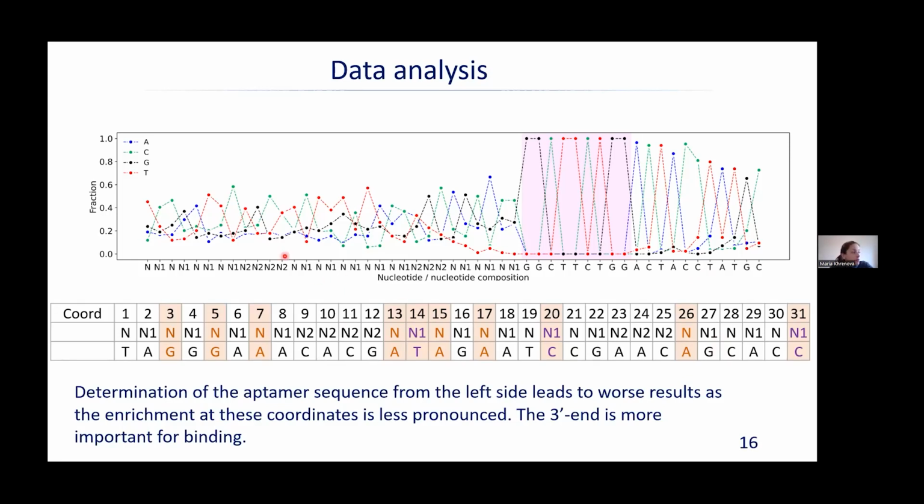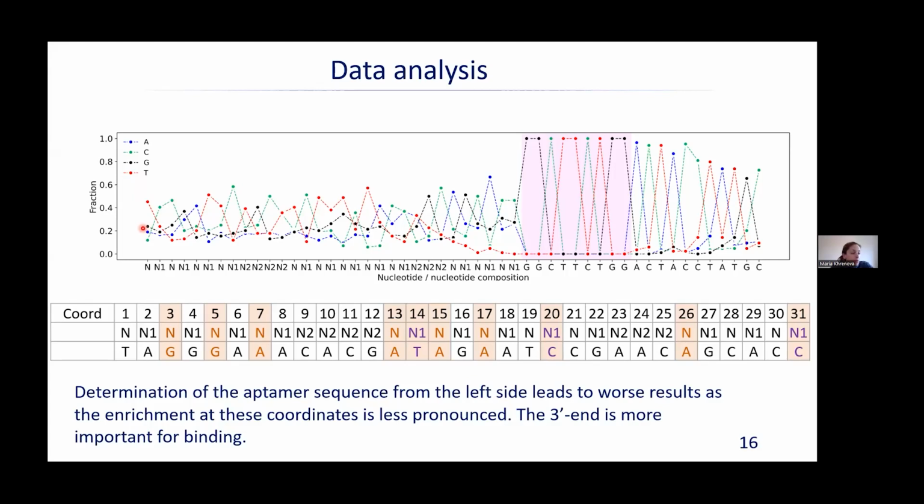And also the interesting thing was that when we tried to determine the aptamer sequence starting from the left side, from the left flanking region, we got much worse results, as the enrichment of the neighboring bases in the beginning of the aptamer was really very small.